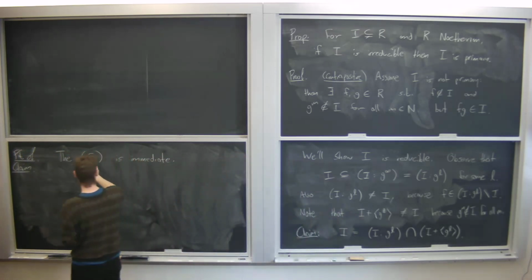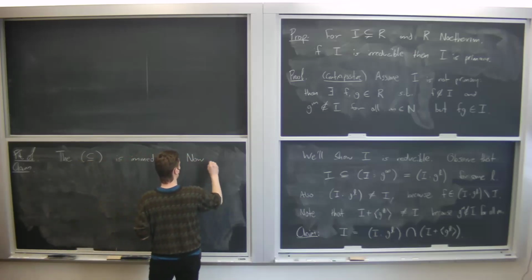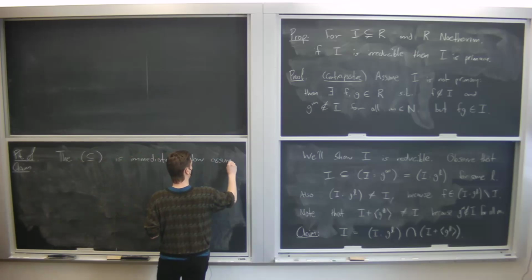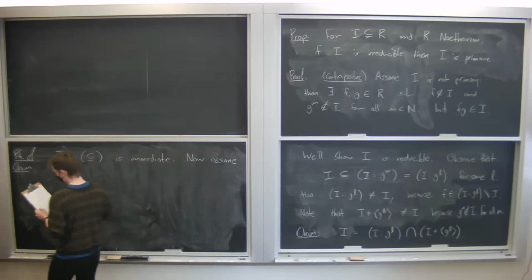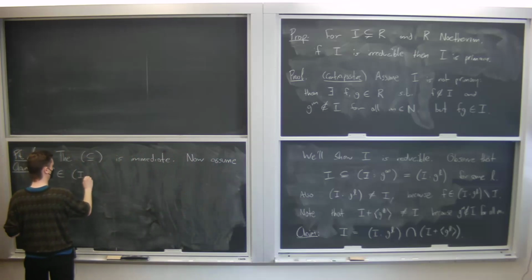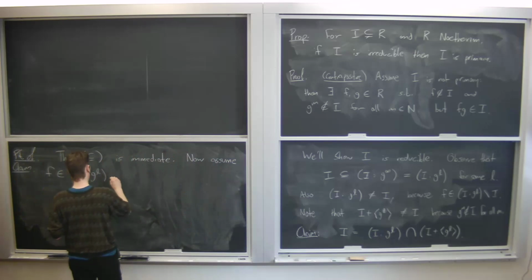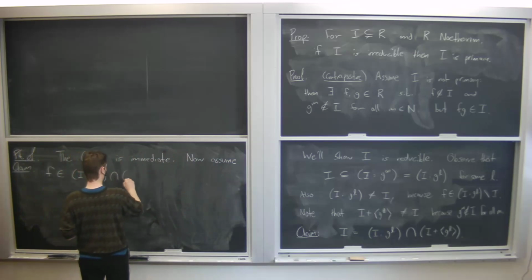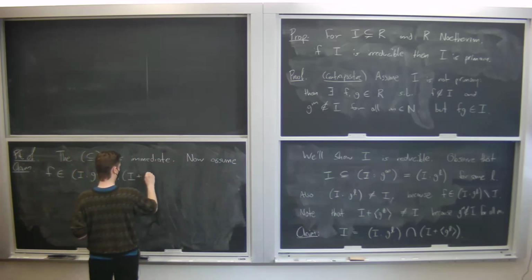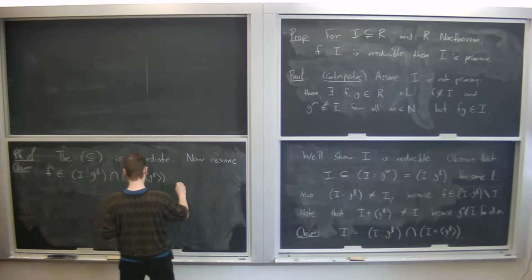So this inclusion is immediate. And now we'll prove the opposite inclusion. Assume that F belongs to this intersection, the intersection of the colon with respect to g to the L and the ideal sum I plus the principal ideal generated by g to the L.